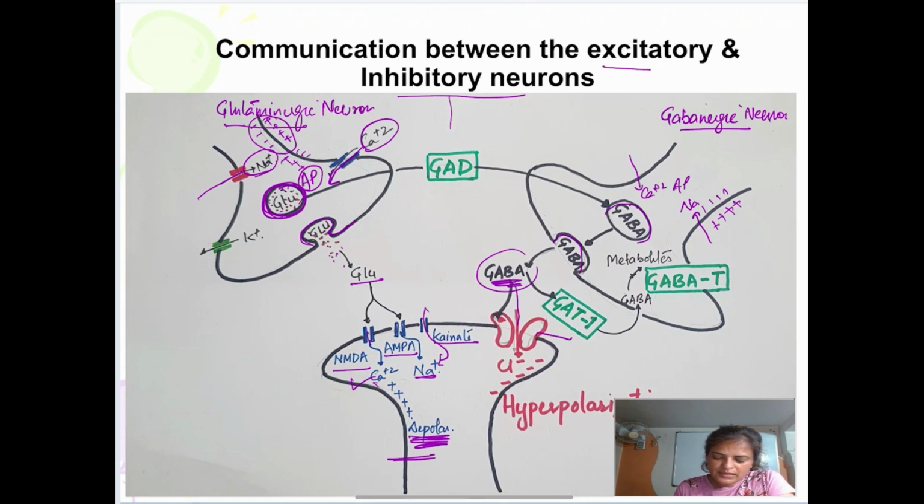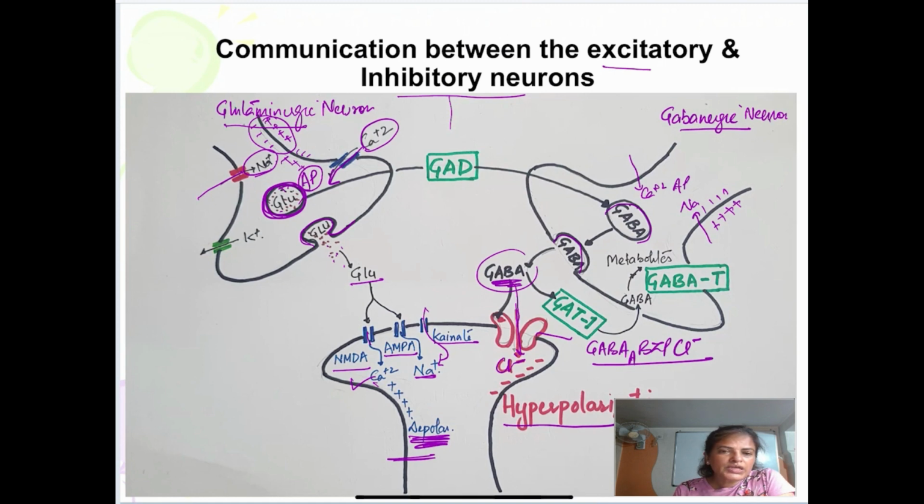This receptor is the GABA A benzodiazepine chloride complex. Once it binds with the GABA A receptor, there will be inward movement of the chloride ion, which is negative, and that leads to hyperpolarization.